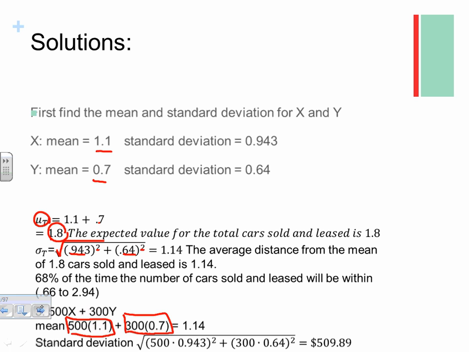And here I can see that that's going to give me a total of 1.14. Now the standard deviation, I'm going to have to take the standard deviation times the 500, then square to get to the variance. Take your standard deviation times 300, then square to get to the variance, and then square root that whole thing to get to your new standard deviation. Yay!